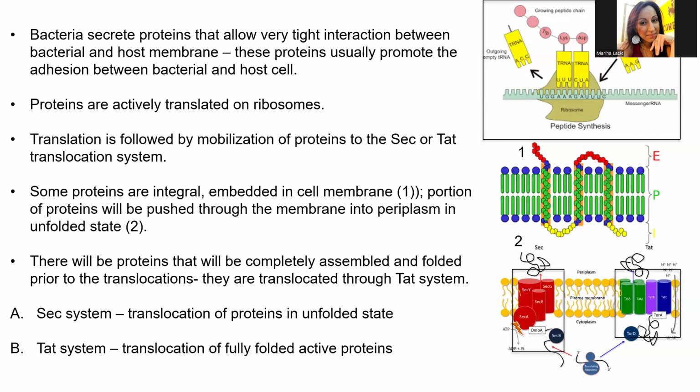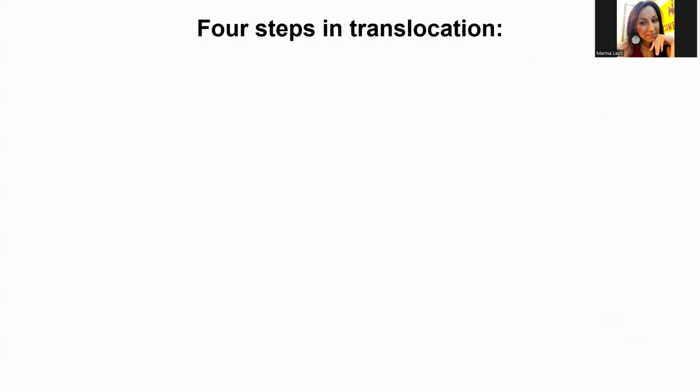But if they are unfolded, then they are exported through the SEC system. The SEC system, in my opinion, is a little harder to get. TAT is very easy, but SEC has two variations, and that's where the ribosome comes in. But bottom line, unfolded proteins are exported through SEC into the periplasm, fully folded proteins are exported through TAT into the periplasm, and then later on do their jobs outside of the cell or in the periplasm.